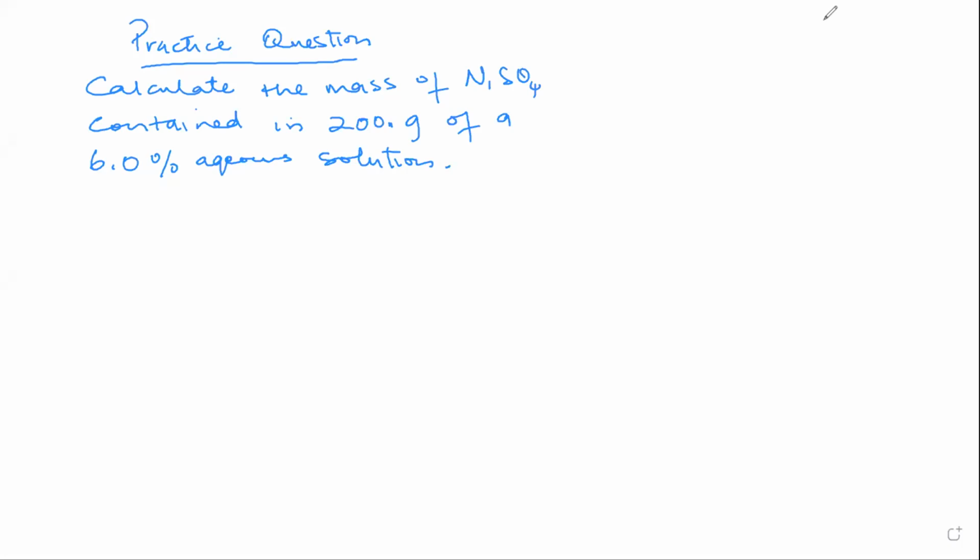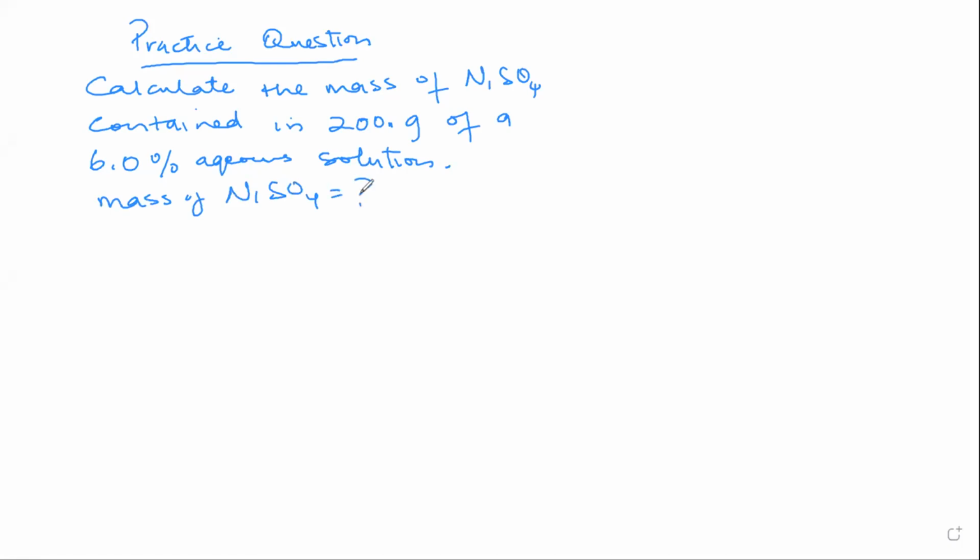Hopefully, you got your answer, but let's do it together. Calculate the mass of nickel 2 sulfate contained in 200 grams of a 6.0% aqueous solution. So what do we know? It says calculate the mass. This is the mass of solid. We don't know that.